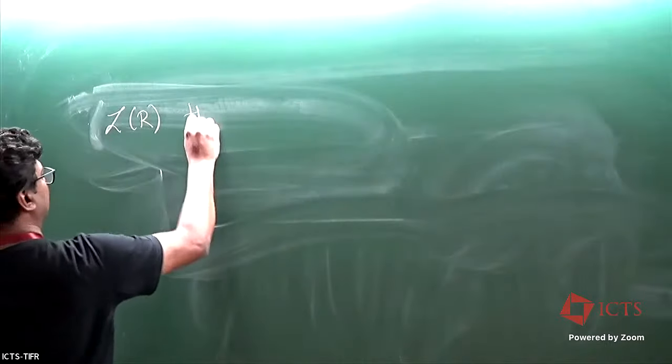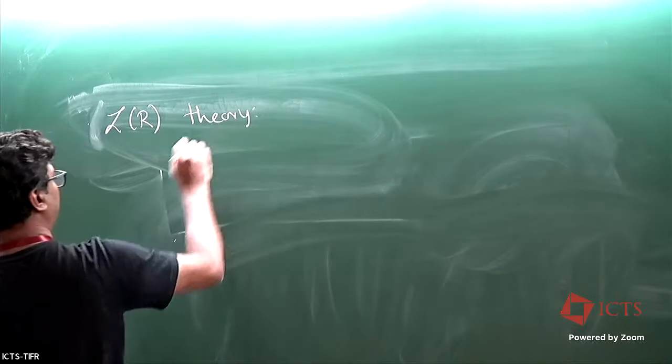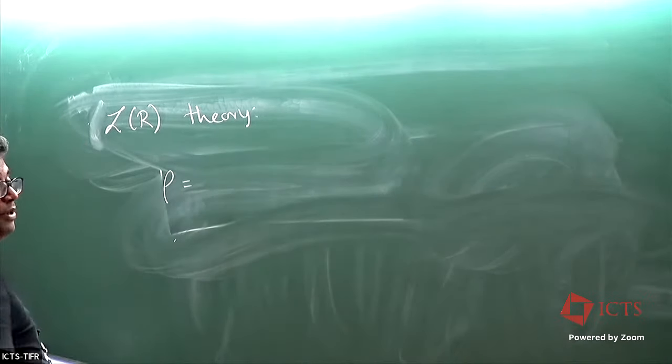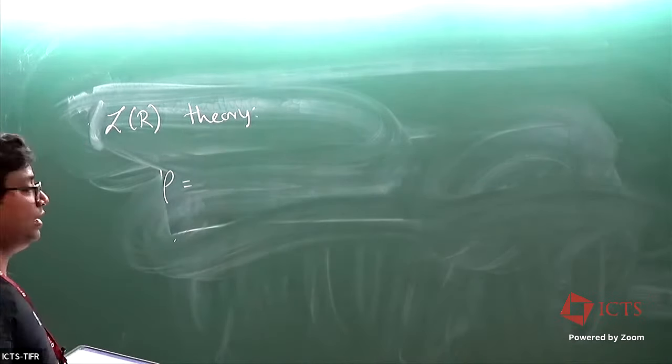In L of R theory, what was rho? Remember? 1 by 16 pi G, F prime R. Because L of R I have written as 1 by 16 pi G times 1 plus F of R. Remember that was the notation. I'm not putting any alpha; you can always put alpha inside.